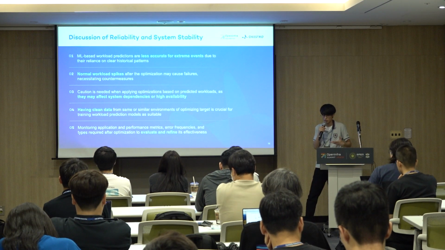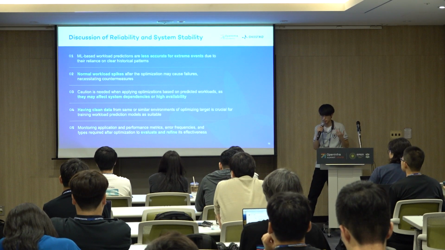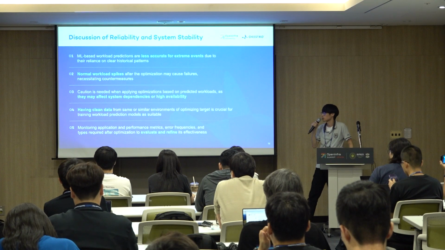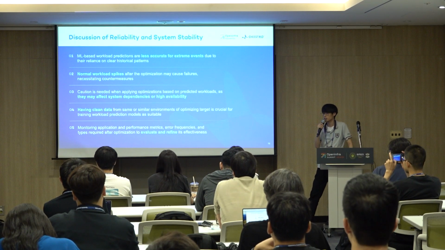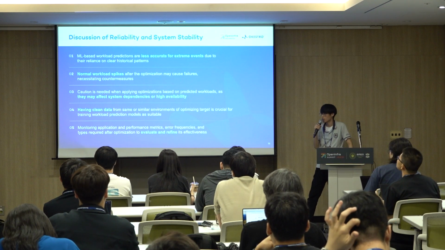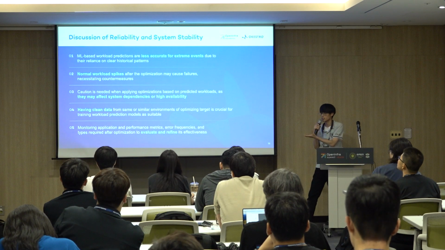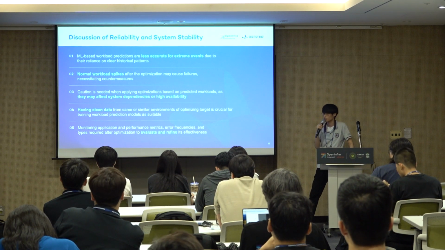We have to remember and recheck the output of the machine learning model's prediction. These are the things we have to consider and do when implementing this kind of machine learning based workload forecasting for optimization.